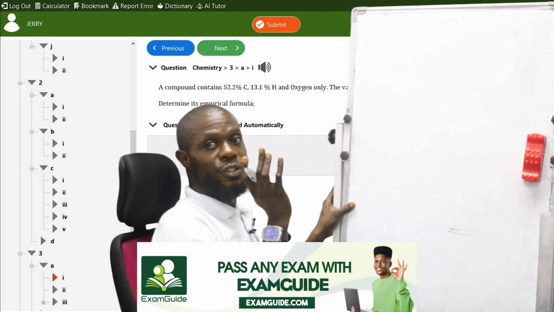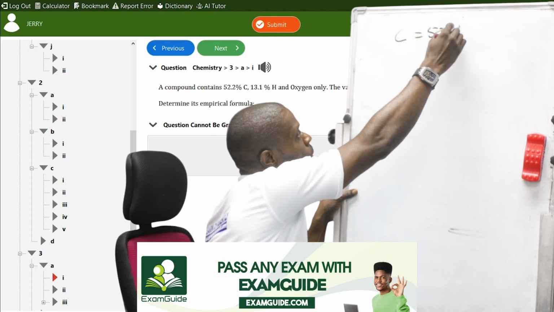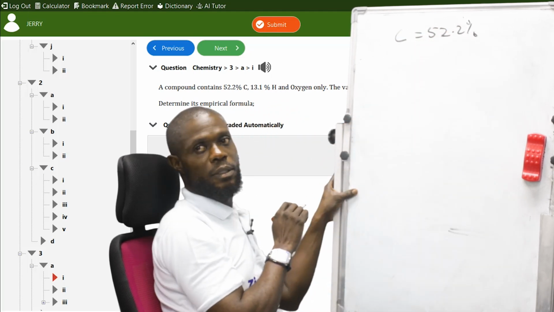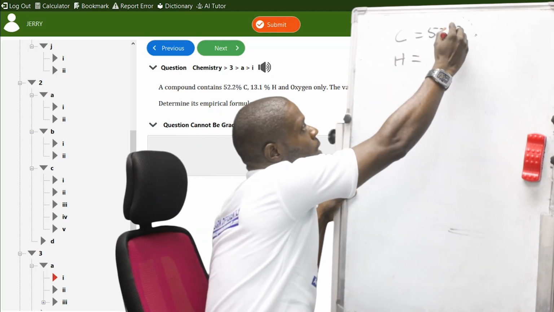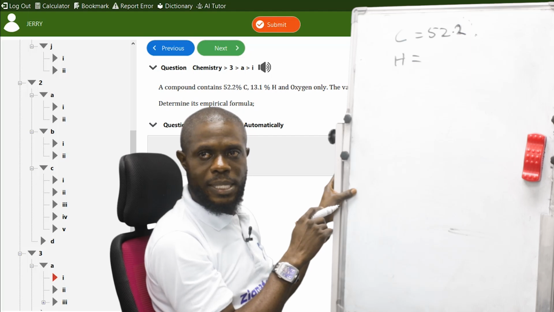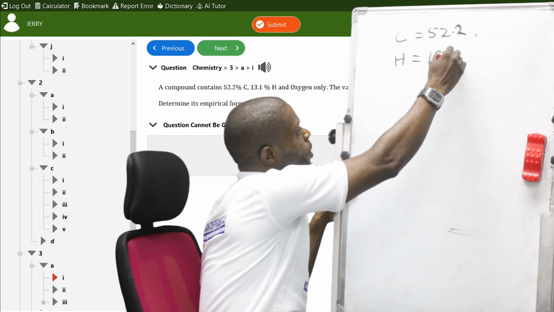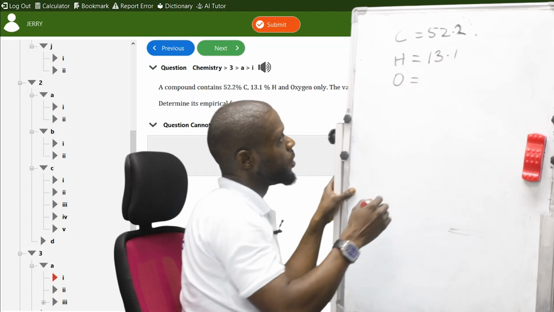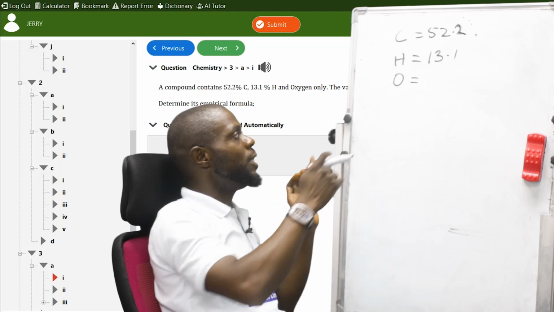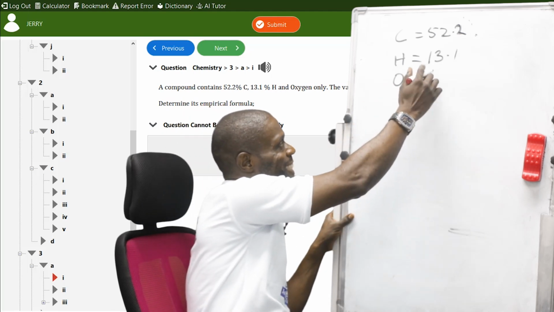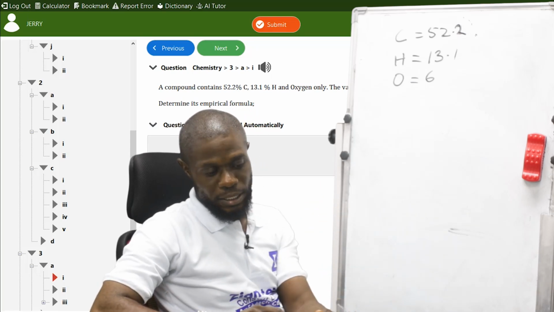The first step says change percentage to grams. So, carbon is 52.2. Hydrogen is how many? 13.1. And oxygen alone. Oxygen is 8, sorry.